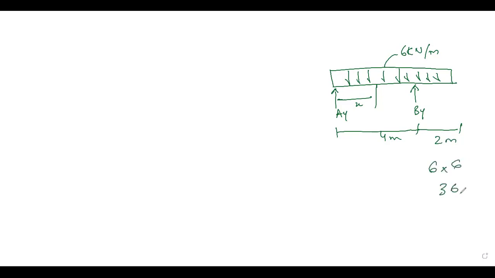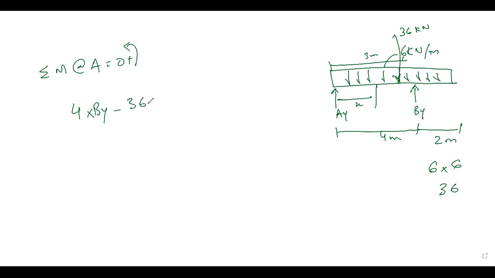It will be 36 kilonewton, and it will act at a distance of 3 meter from here. Now calculate the support reactions. Summation of moment at A is equal to 0, anti-clockwise positive. Now 4 times BY minus 36 into 3 is equal to 0.